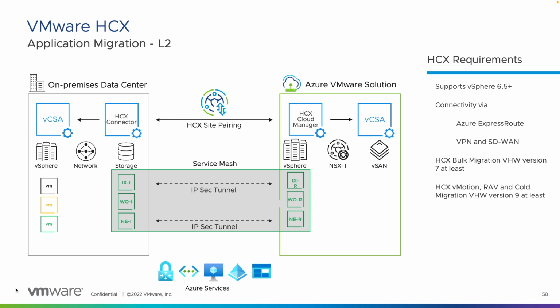So now let's talk a little bit more about HCX, and then I'm going to jump right into the UI. HCX has 2 component services. The HCX Cloud Manager that sits in AVS, and then the HCX Connector, which sits in your on-prem data center or perhaps another cloud if you're going from cloud to cloud migrations.